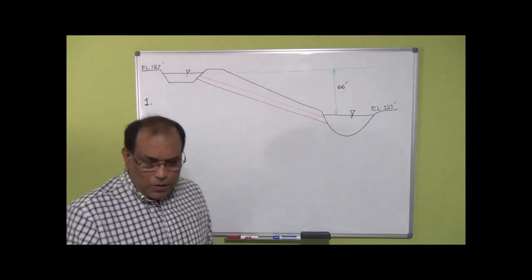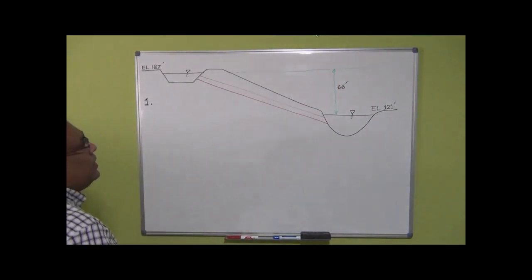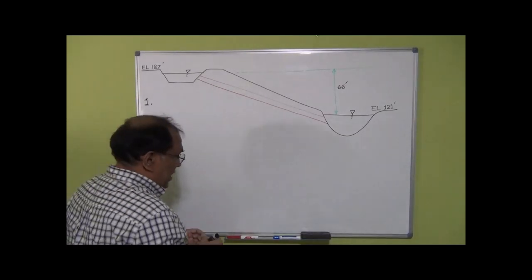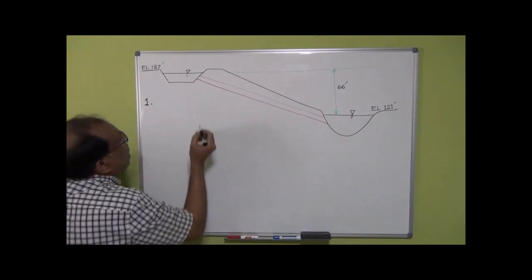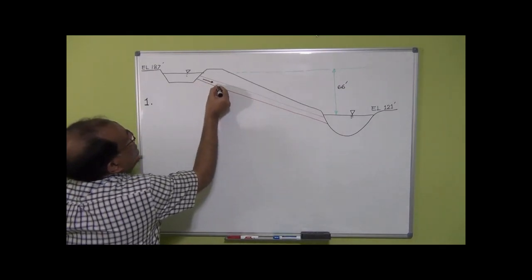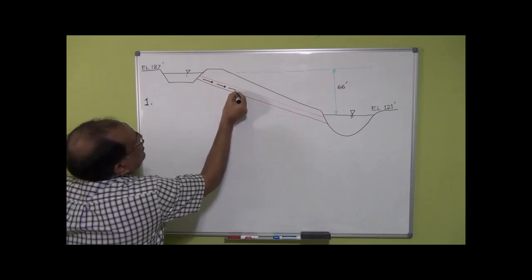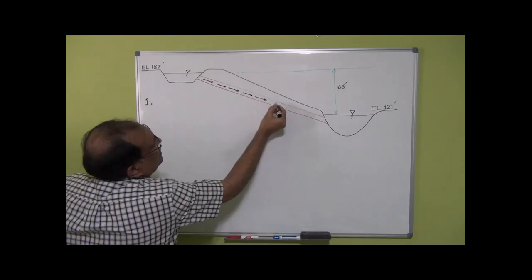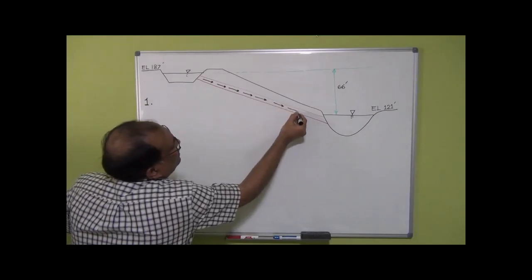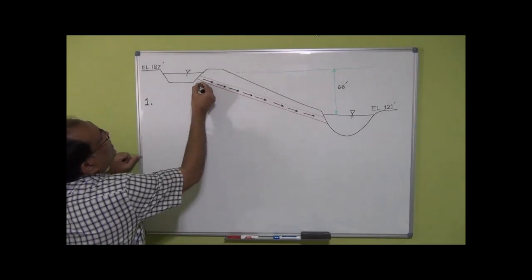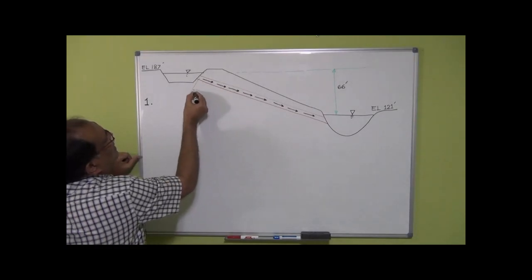Okay, so if you see how the flow will occur here, the flow will go this way, right? Because this is sand and the hydraulic conductivity here is much higher than the other soil. So you can see the length of that flow path is basically 500.